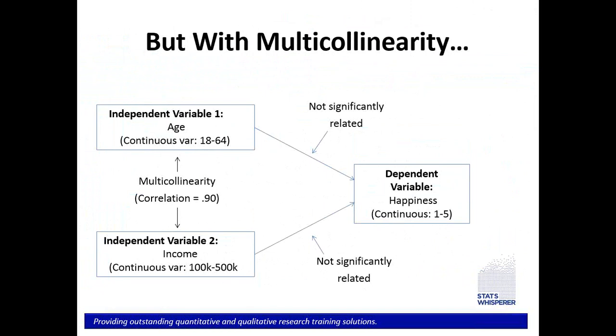They have a high correlation. So if you did this test and you saw both were not significantly related to happiness and you didn't test for multicollinearity, you might assume there's no relationship between the predictors and the outcome, when really the two predictors are canceling themselves out. So we always have to check for multicollinearity.